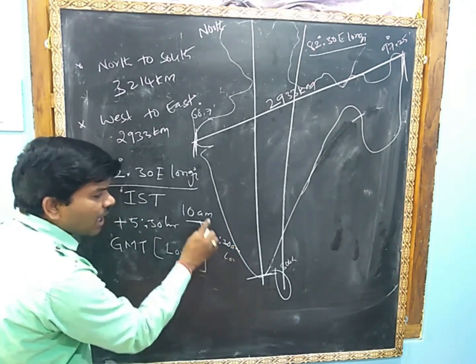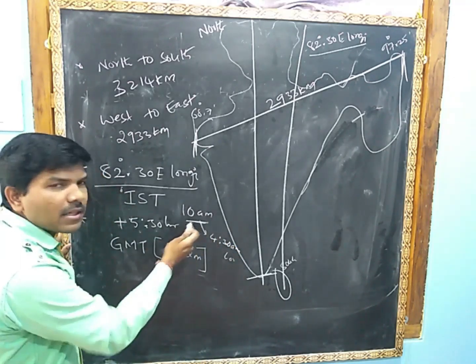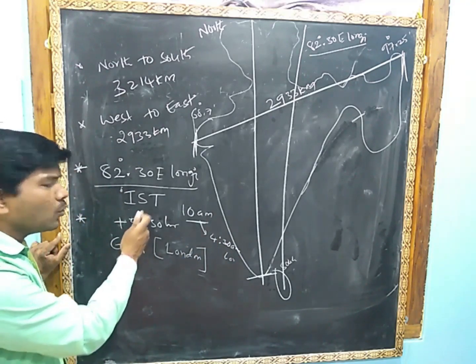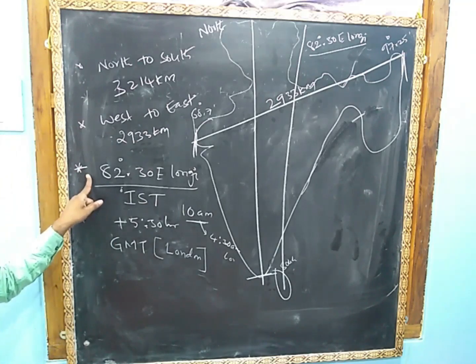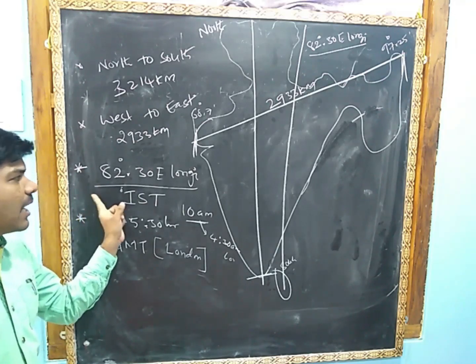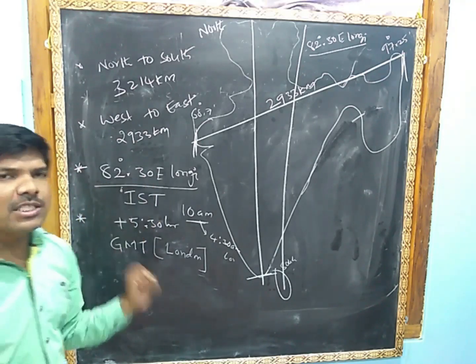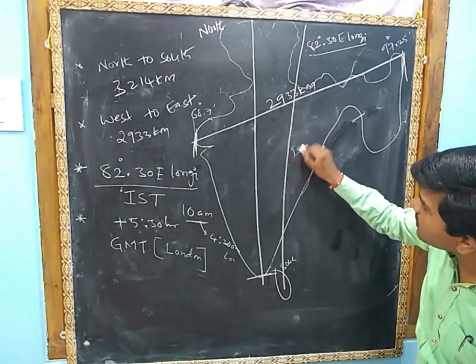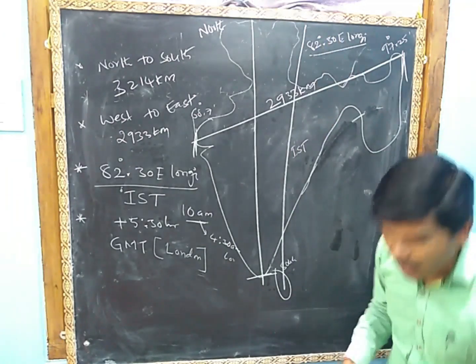So we are ahead of London time, and GMT is behind compared to Indian Standard Time. So this is Indian Standard Time, 82 degrees 30 minutes east longitude, also called IST.